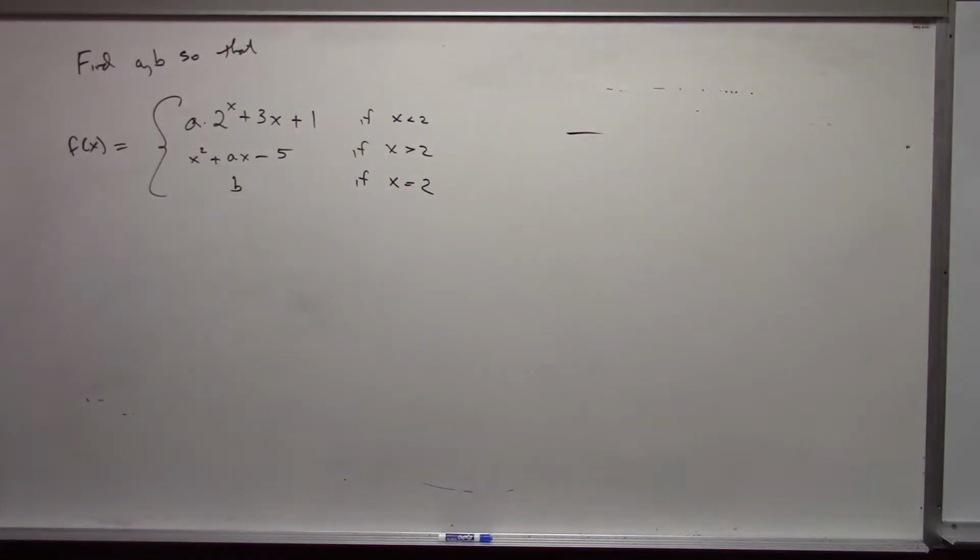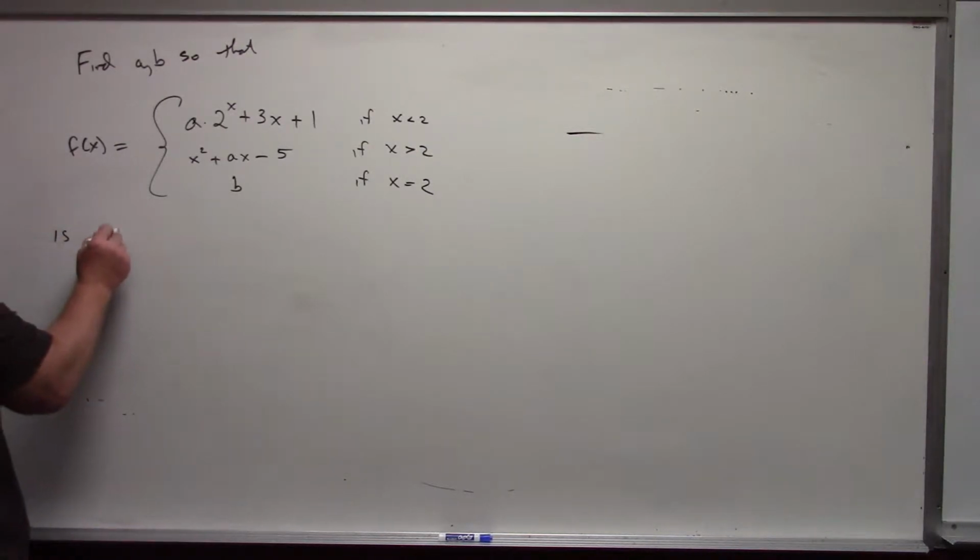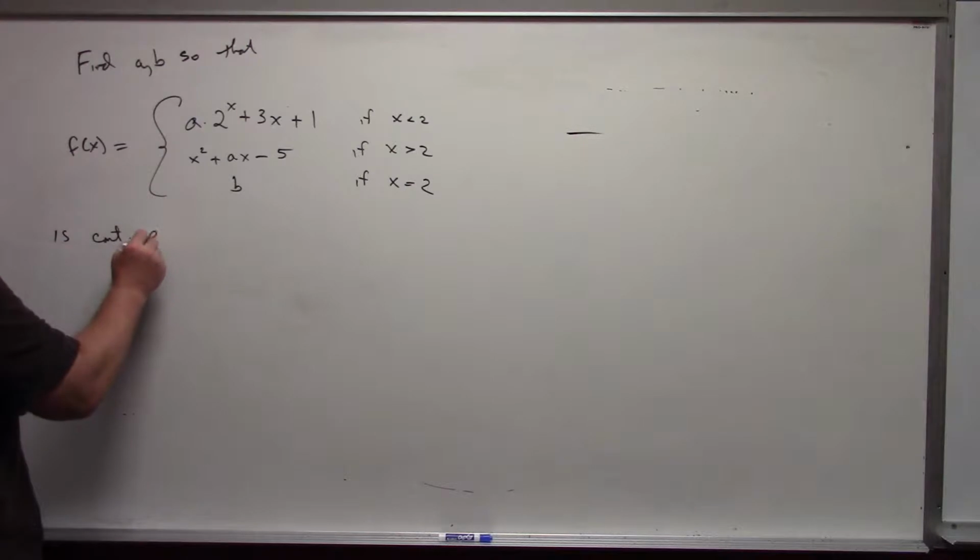Find a and b so that this function is continuous everywhere.